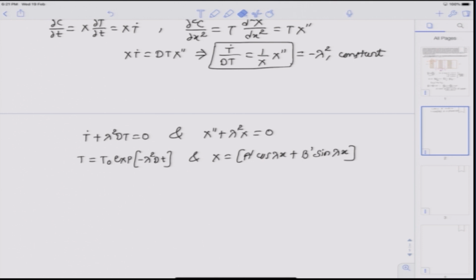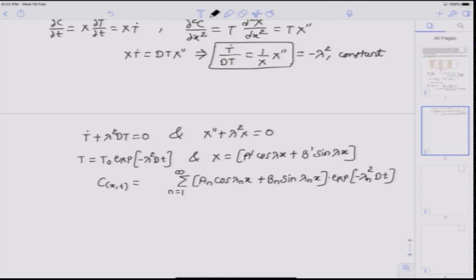So, we can express the function C of x, t in the form of a series as C of x, t is equal to summation of A n cos lambda n x plus B n sin lambda n x times exponential minus lambda n square Dt, n here varies from 1 to infinity, plus A 0.